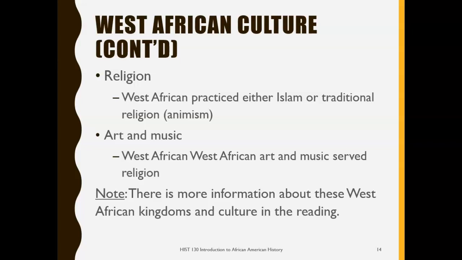Concerning art and music, these are generally tied to religious practice, which means that West Africans and Africans in general did not enjoy art and music only for pleasure, but use art and music as part of their religion. So these are part of religious practices.